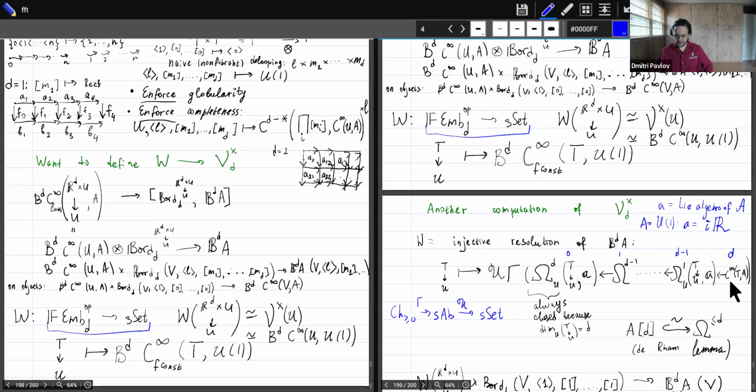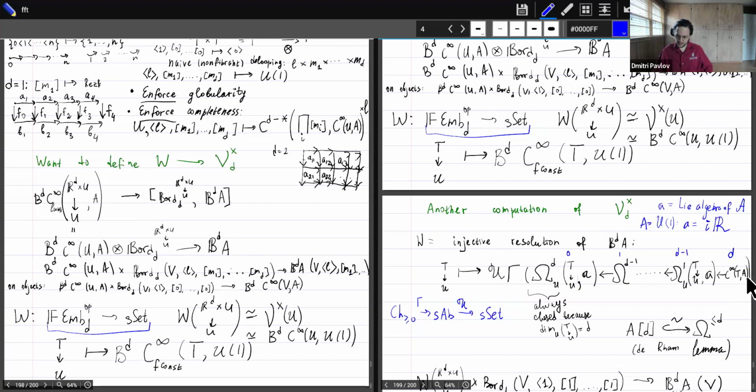Every such function is a fiber-wise smooth function by definition. And you have the usual de Rham differentials in all degrees except for the very last degree.